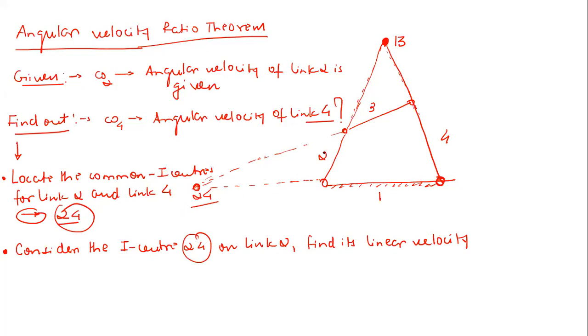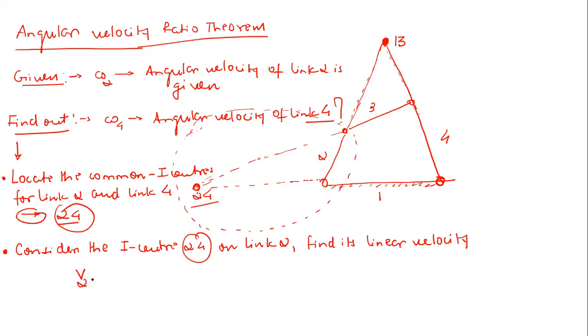This is just a general representation of link 2. You can assume that link 2 is of such a shape, or a circular disk that contains this point 2, 4. You can form an imaginary disk on link 2 that contains this point 2, 4, and now you calculate the linear velocity of this point 2, 4.